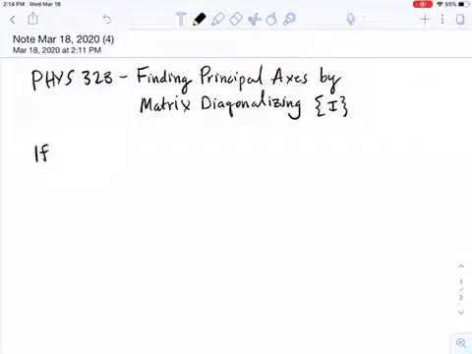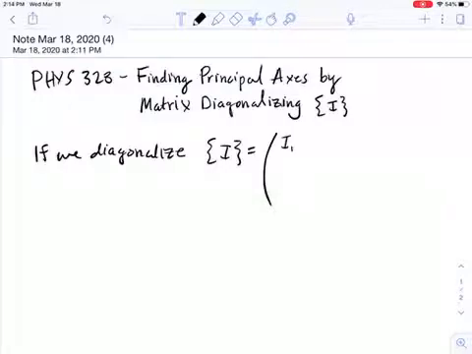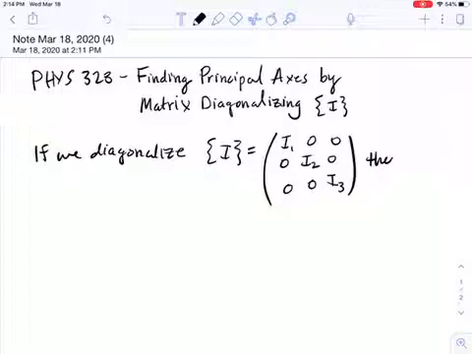So if we diagonalize a moment of inertia tensor, then what it looks like is just three components, of course, on the diagonal, and these I1, I2, and I3 just represent the rotational inertia about the three different principal axes.